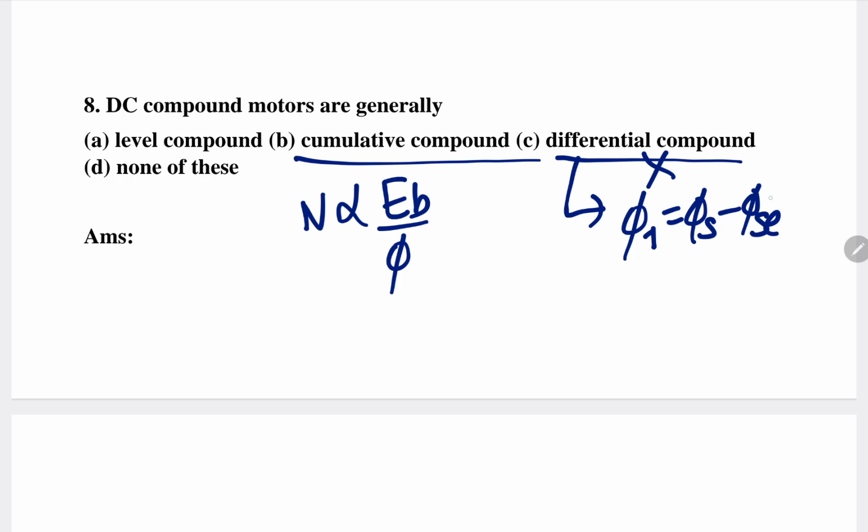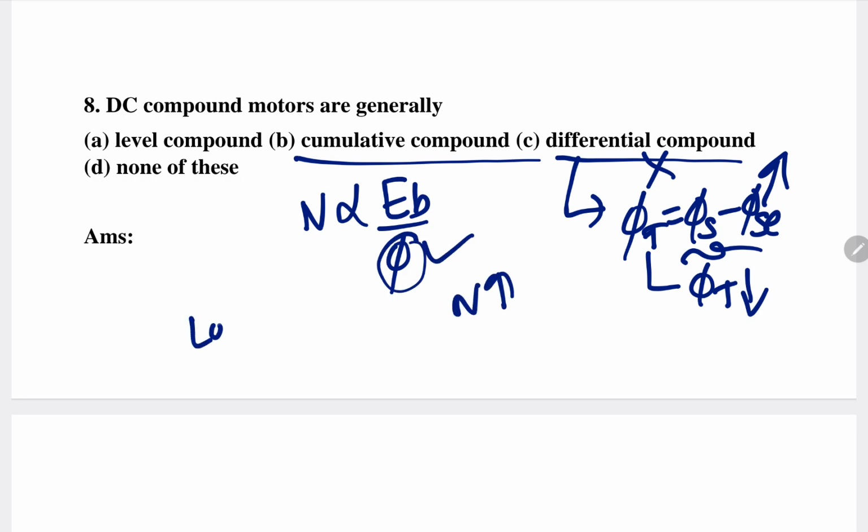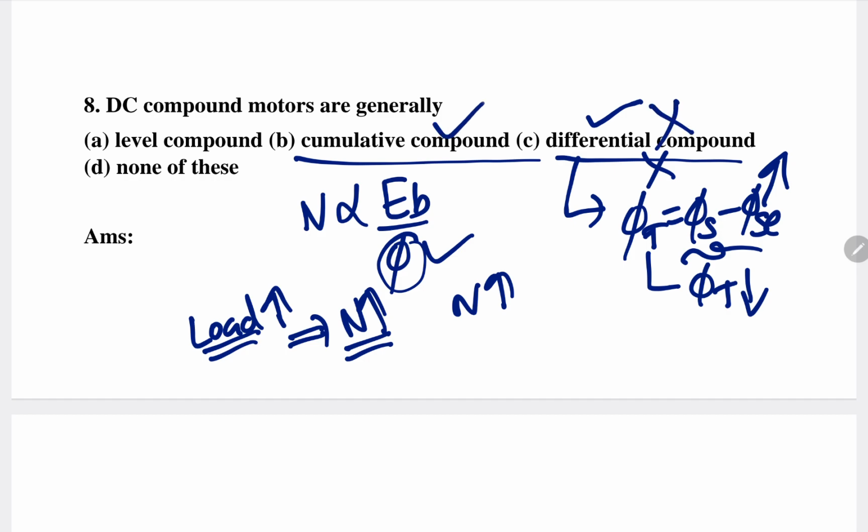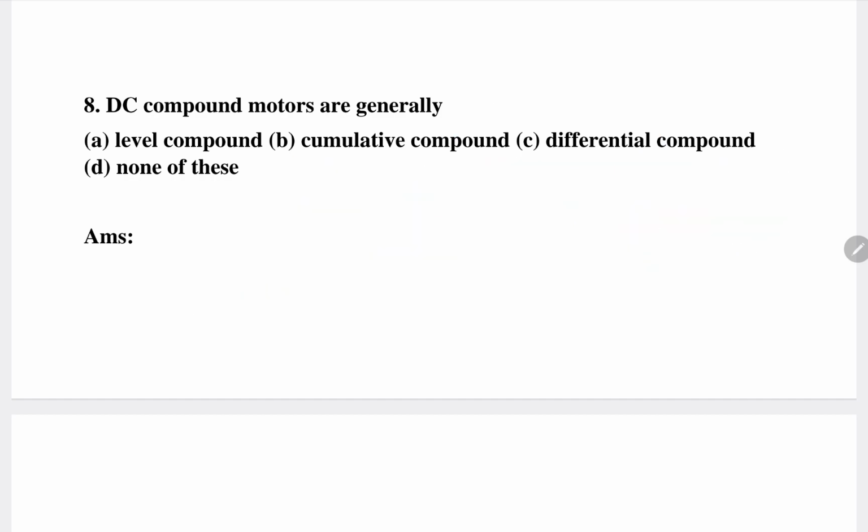As the load increases, series field winding flux is going to increase, so total flux is going to decrease. Total flux decreases means speed is going to increase. In differential compound motor, as the load is increasing, speed of the motor is going to increase. So this is a dangerous feature, and usually we don't use these motors. We use only cumulative compound motors.